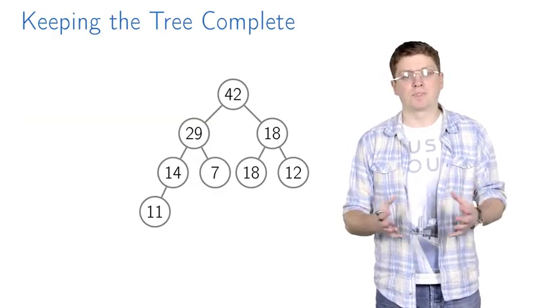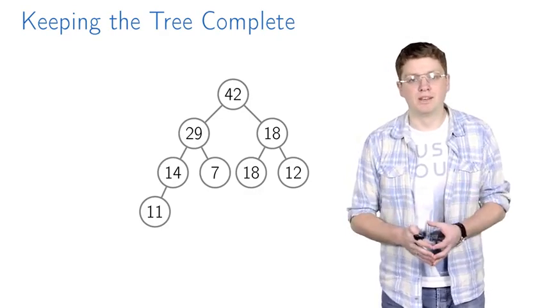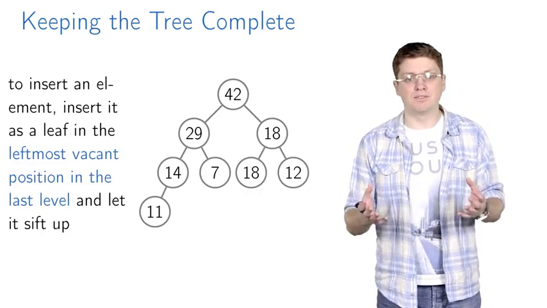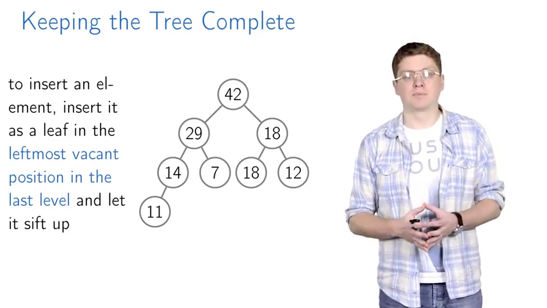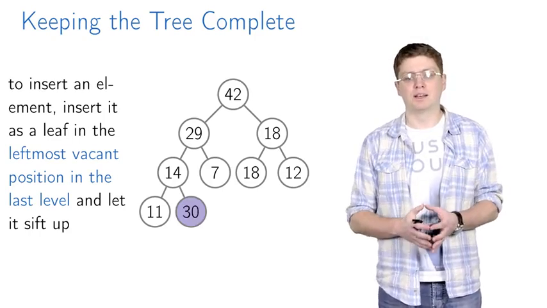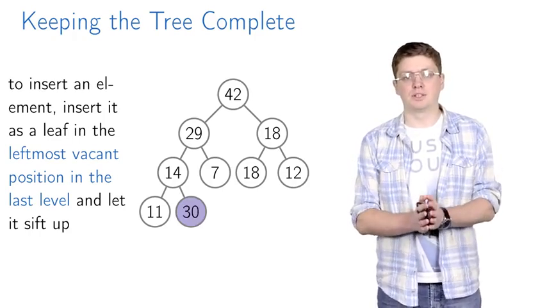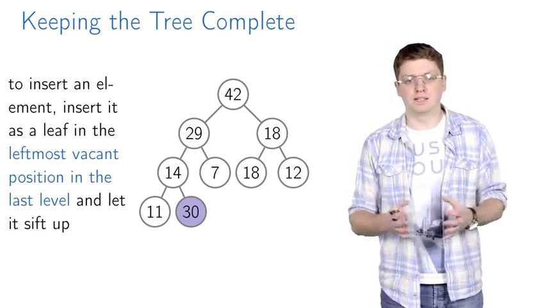To keep a tree complete when we insert something into a complete binary tree, we just insert the new element as the leaf to the leftmost vacant position on the last level. Well, an example is given here. So we insert element 30 just to the right of the last element on the last level.